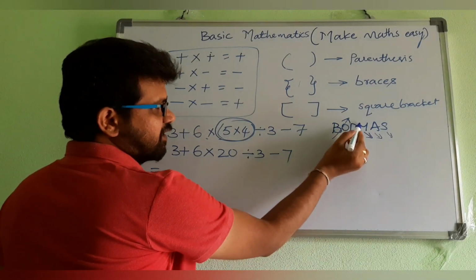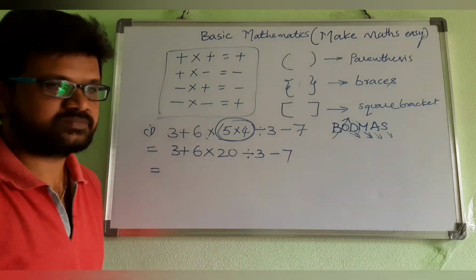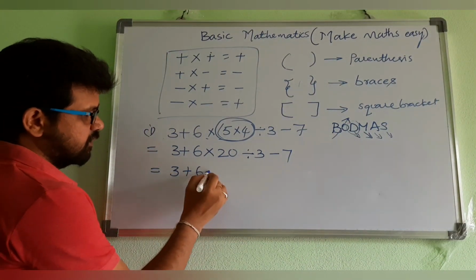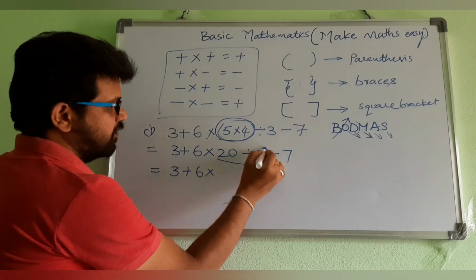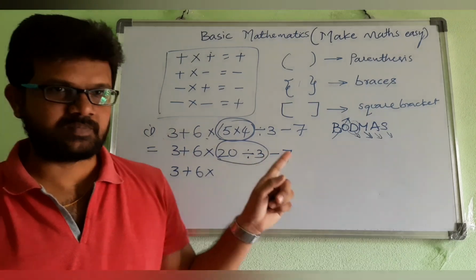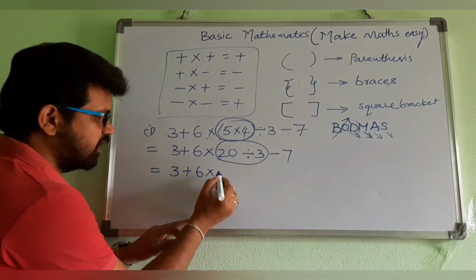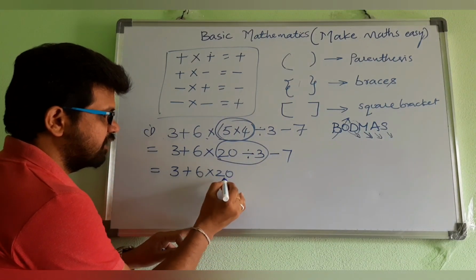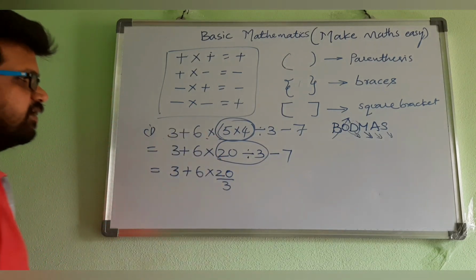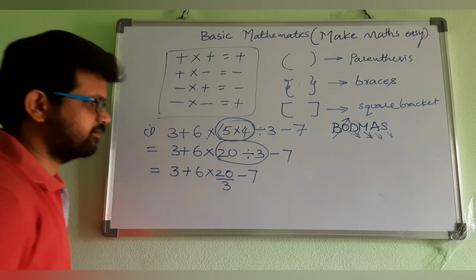After removing the bracket, the next step is division. So 3 plus 6 into, this is the division, 20 by 3. Here if you observe, 20 is not divisible by 3. So for your understanding, what I am writing is 20 by 3 as it is. You write that 20 by 3 minus 7.